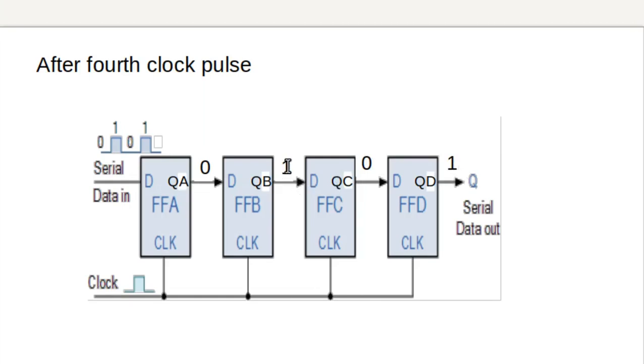So this 1 will be reaching here and we can read that 1. And to get this 0 at the output, we need to apply one more clock pulse so that this 0 reaches here. So in this way, all the 4 bits stored in the register can be made available at the data output. This is the way of reading the data stored in a shift register.